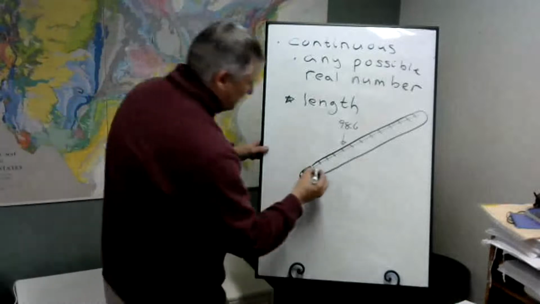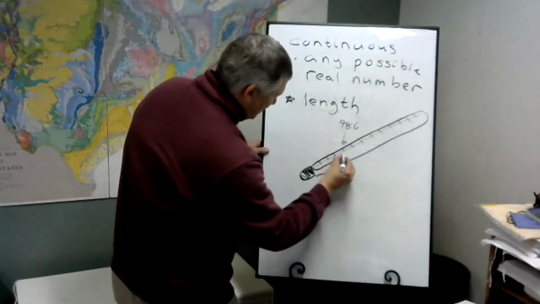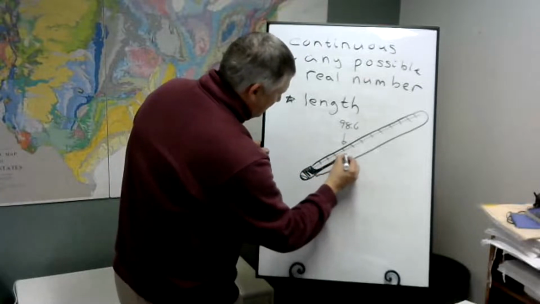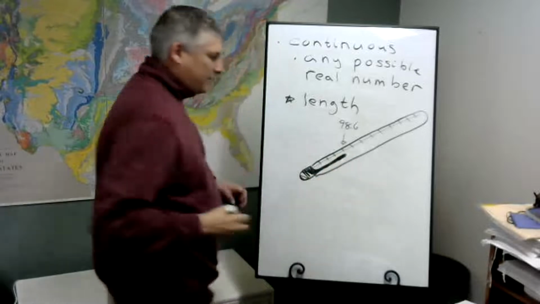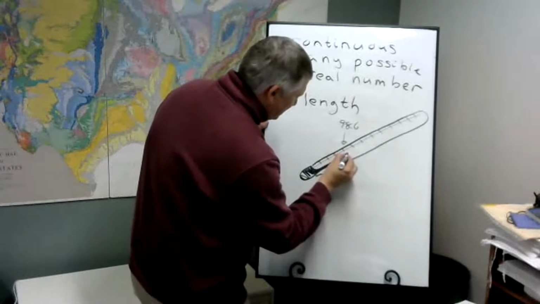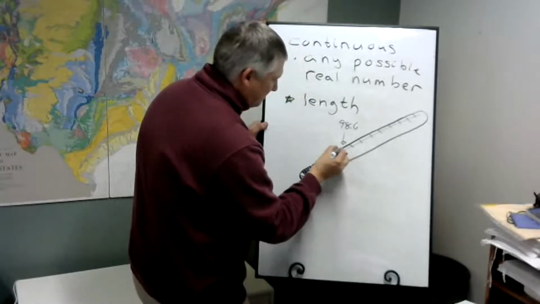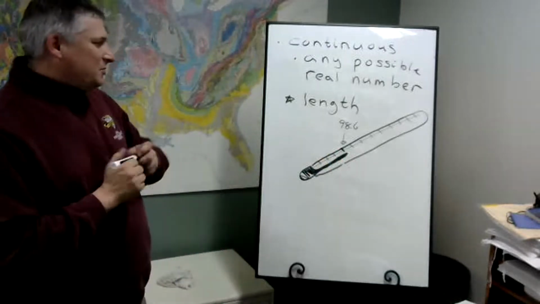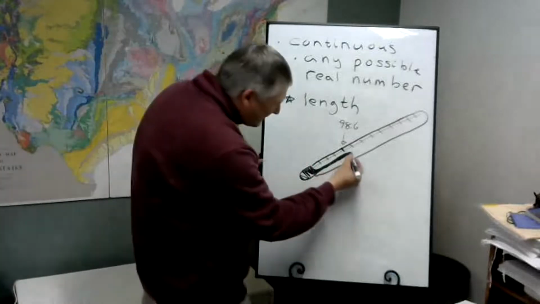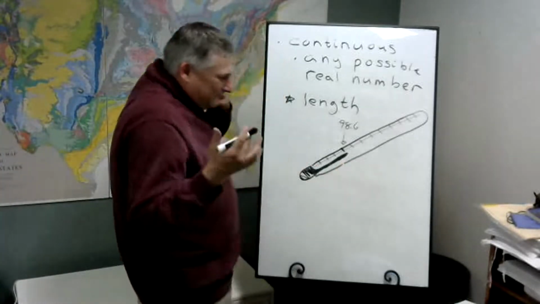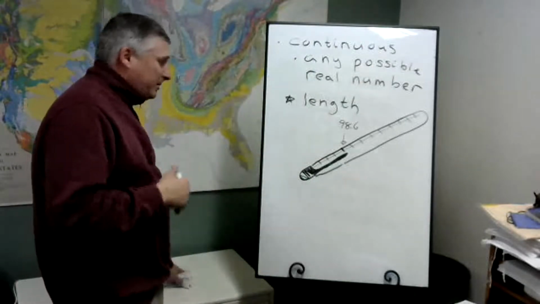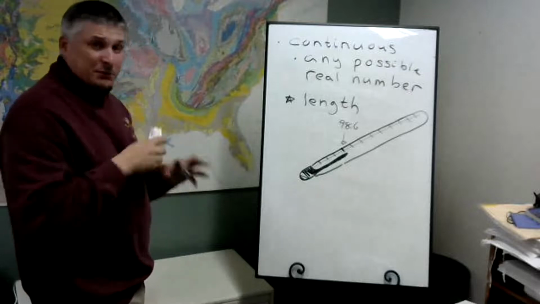And what you do is you measure the length of the mercury. Now, in all actuality, on a mercury thermometer, you're going to round off. If it's a little above 98.6, you might round it to 98.6. So you might turn this into a discrete measurement. But ultimately, it would be 98.64957. It could be some number. It could even be an irrational number.